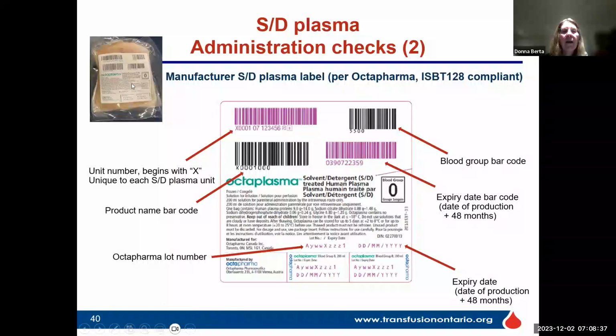So this is our bag with the label, and I've just enlarged it so we can look at it a bit more closely. So Octapharma does give a lot number for each lot or batch of SD plasma that they make, and it's listed here.